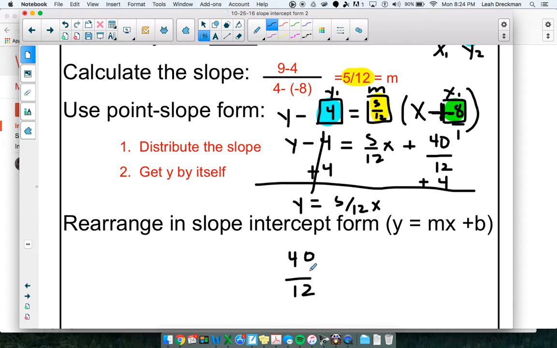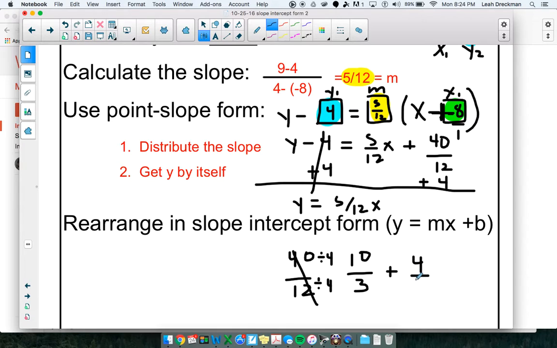Looks like those are both divisible by like 4. So I'm going to say this is the same as 10 thirds. 40/4, yep. Divide by 4. Divide by 4. So I get 10/3 plus 4.